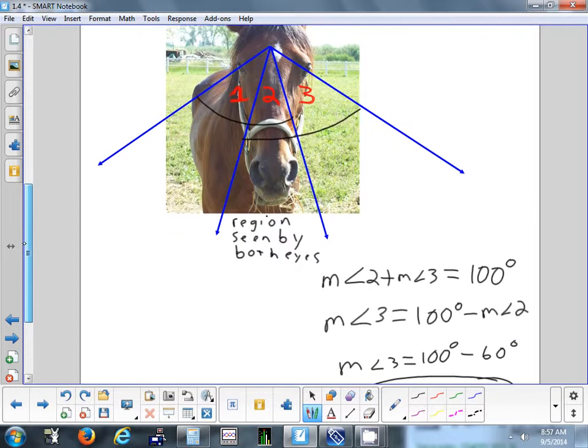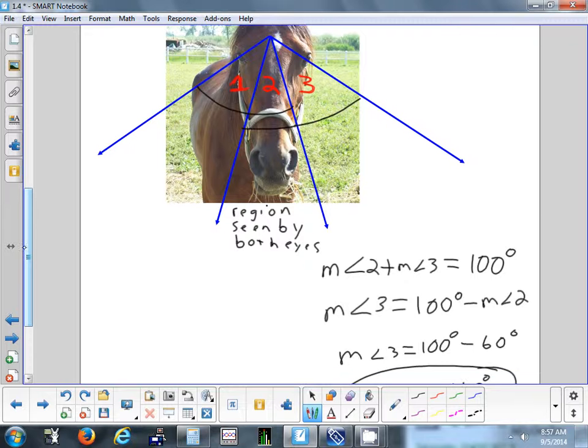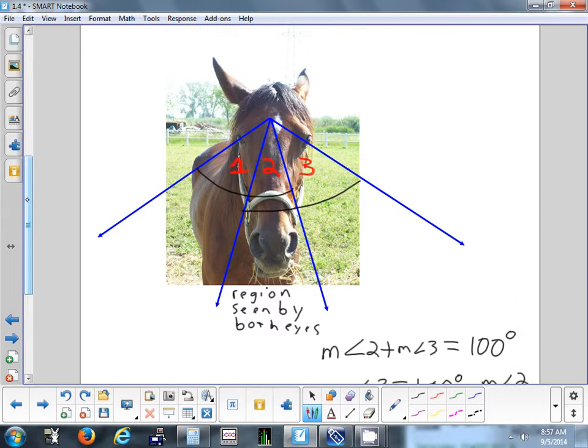Okay, any question on that? So now we could figure out the field of view that a horse has. How many degrees can they see around them? Angle 3 is 40, angle 1 is 40, angle 2 is 60.